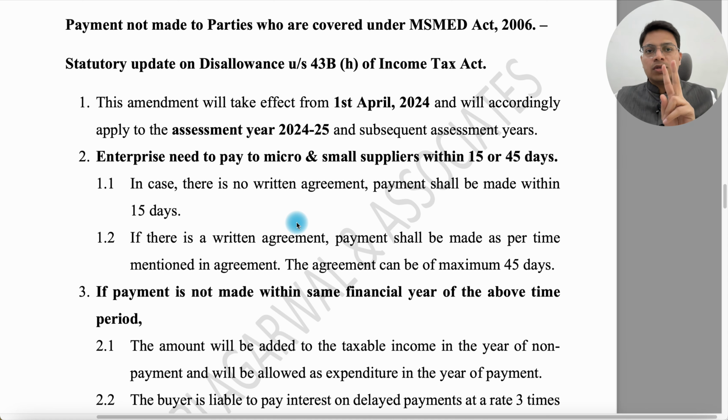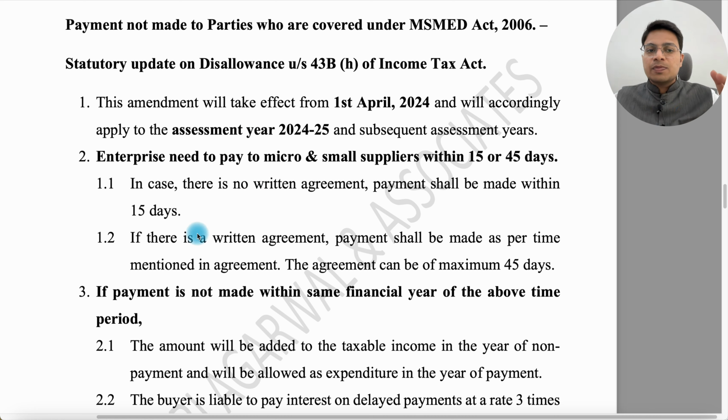So for that understanding, we have to identify 2 points. Point number 1, what is the due date as per the MSMED Act? So how to identify the due date as per the MSMED Act is this second point. Enterprises need to pay to micro and small suppliers, let us say, within 15 days or 45 days.